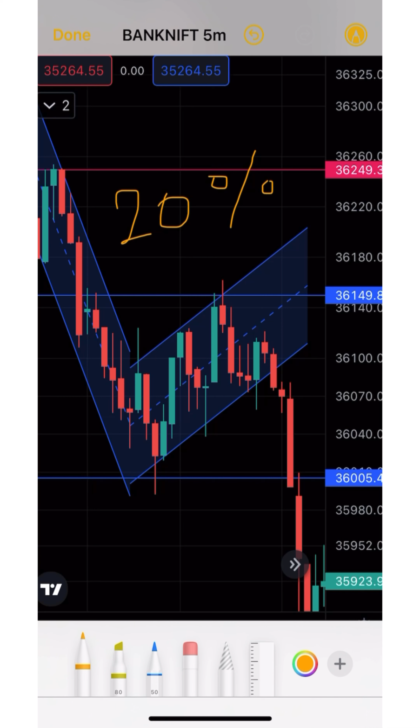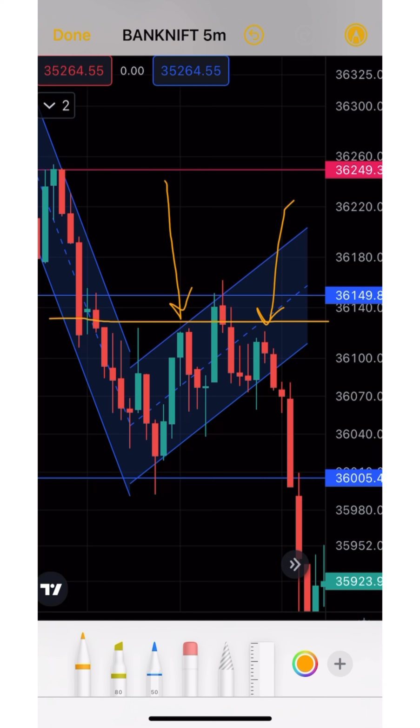Or else you can place your stop loss at your nearest resistance level. On this chart pattern, you can see this is the nearest resistance level. So we will draw a line here.